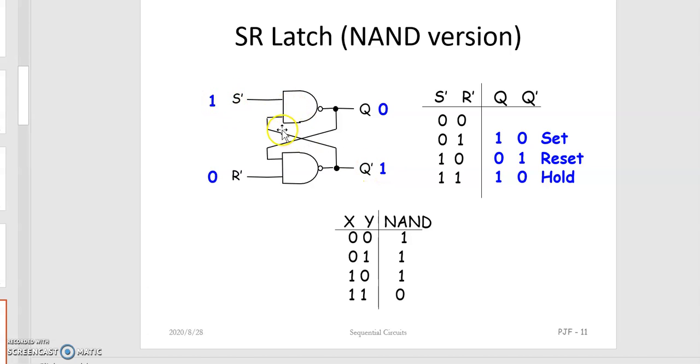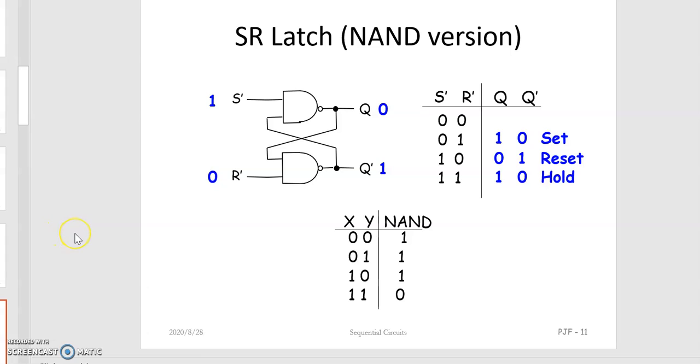Now these two values are 1 and 1, and for 1, 1, the NAND gate output value will be equal to 0. So now the output will be 0, 1, which is referred to as the reset condition. If the Q value is equal to 1, it is said to be the set condition. If the Q value is equal to 0, it is said to be the reset condition.